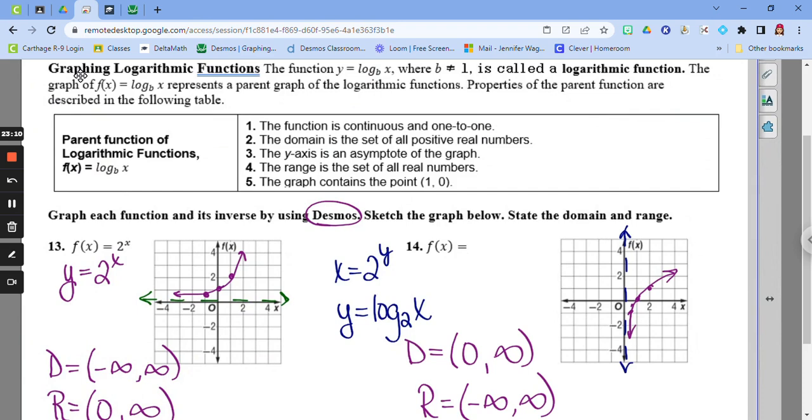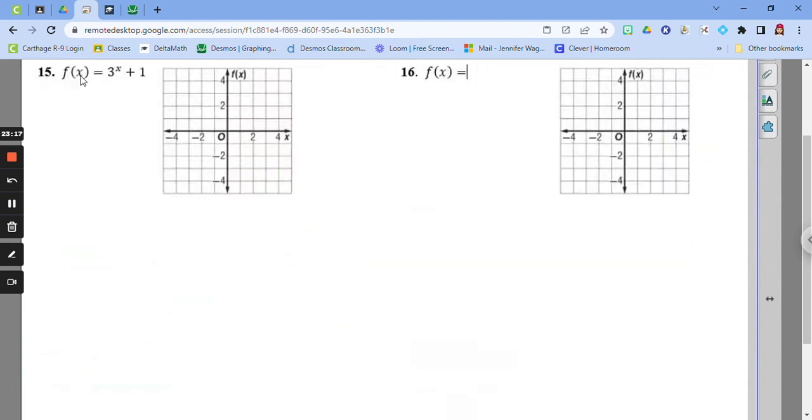So if we look at 15, we've graphed one similar to this. Putting that into Desmos, sketching the graph that you see from Desmos, it should be approaching 1.